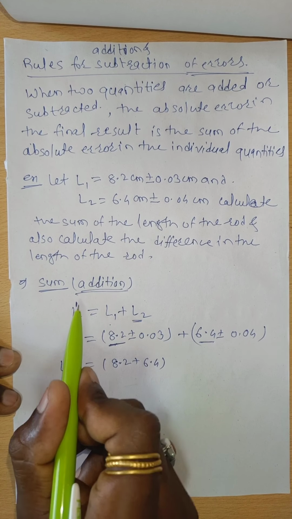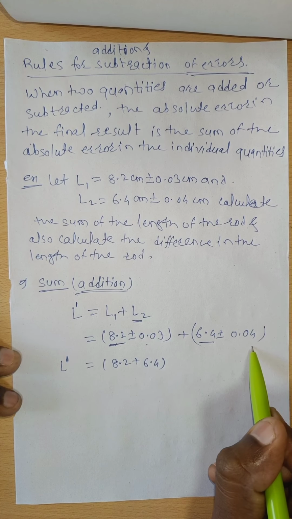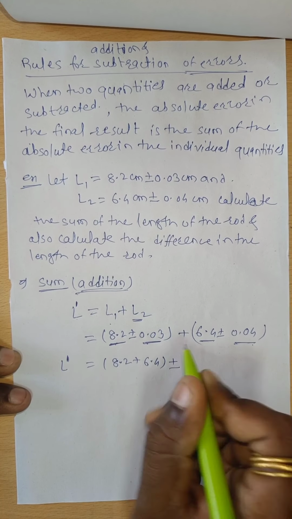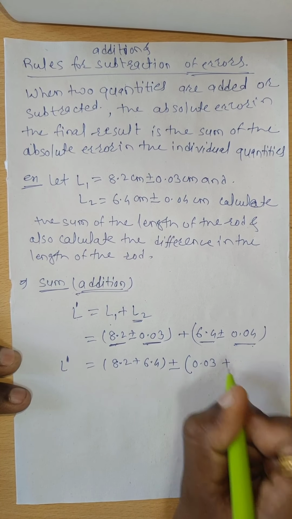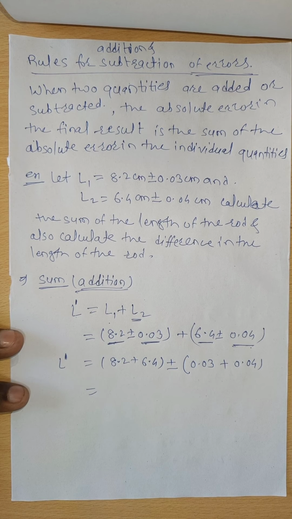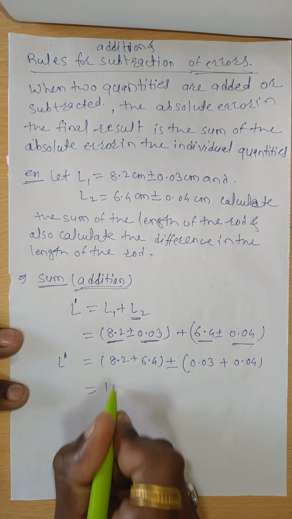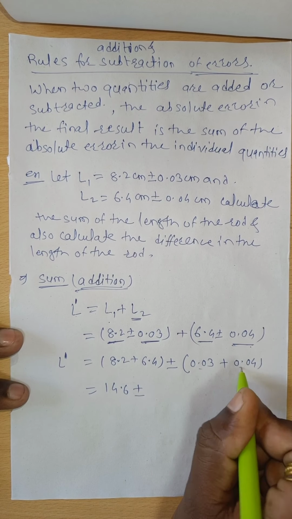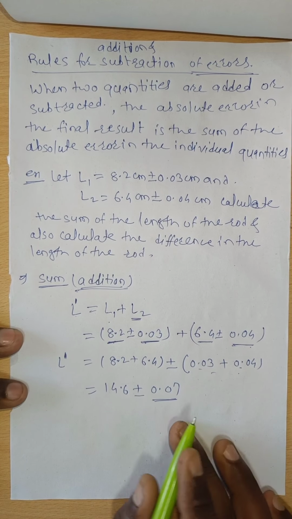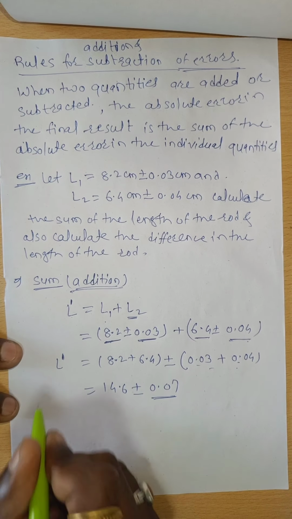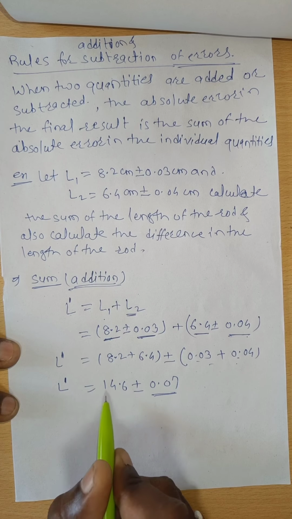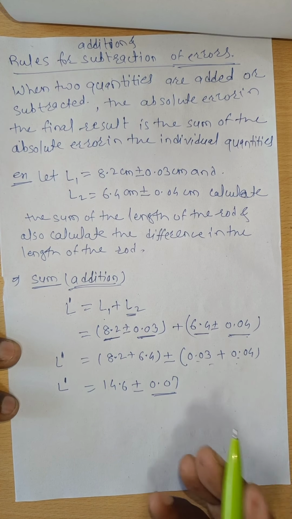When we take an addition, we also add their errors, that is 0.03 plus 0.04. So 8.2 plus 6.4 gives 14.6, plus or minus the sum of the errors, 0.07. The maximum error is 0.07. Then the total value when we add the rods is 14.6 plus or minus 0.07.